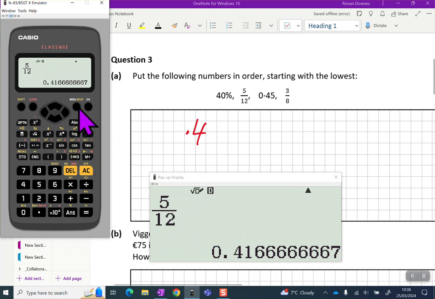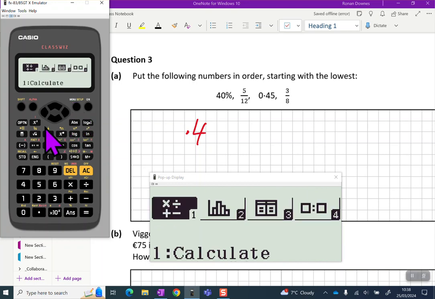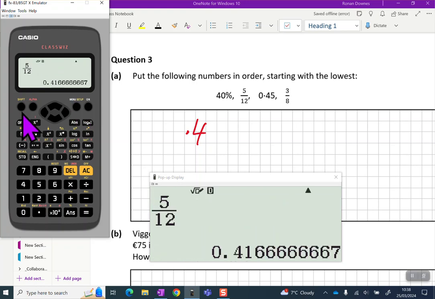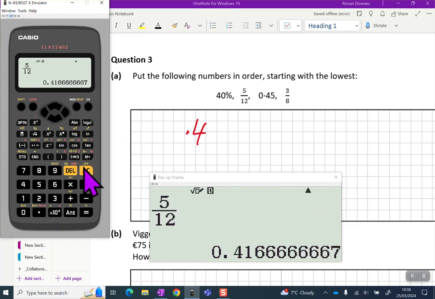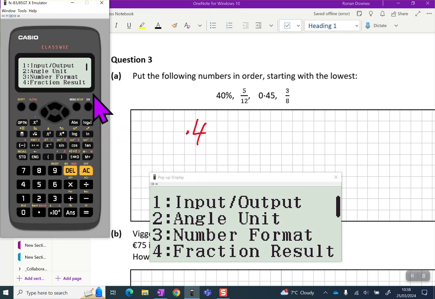So just a quick one on that: if you want to go into your setup, shift, no, I said menu. I'll do that again from clear. Shift, so that you can get into setup and go into input output.